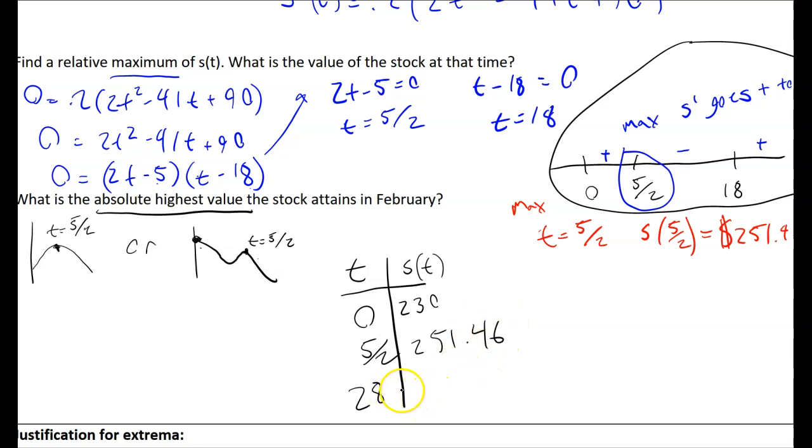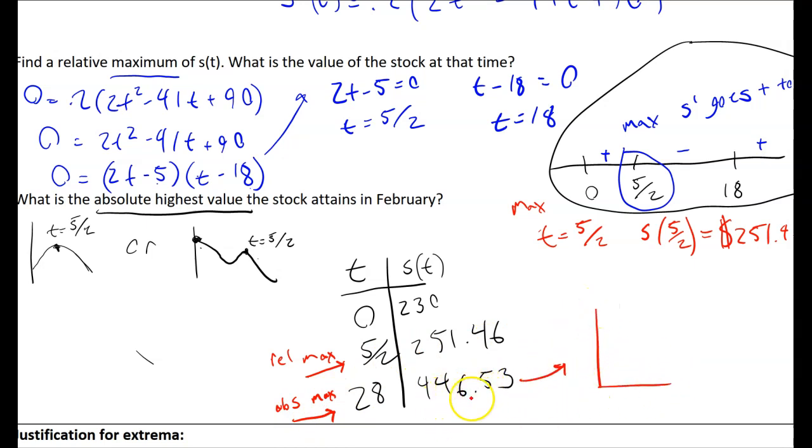And when I plug in t equals 28, I get $446.53. So my relative maximum in this case was not my absolute maximum, because what we just found is the best price to sell the stock is at $446.53 on day 28.